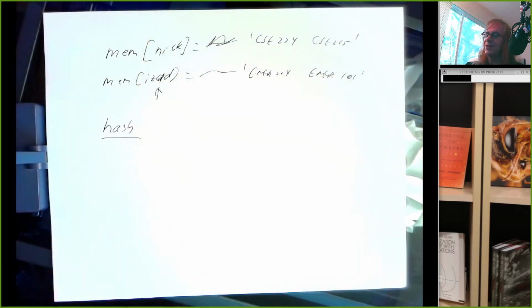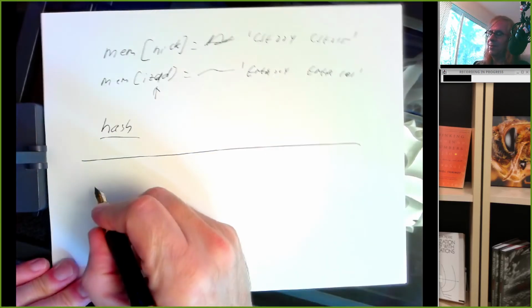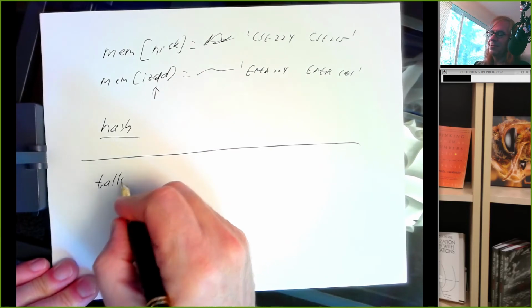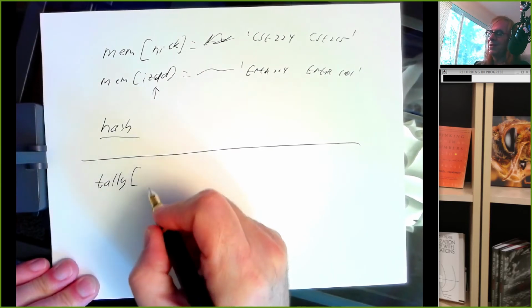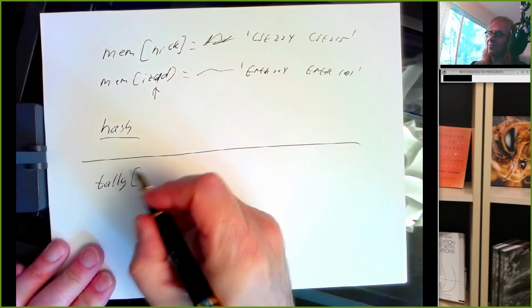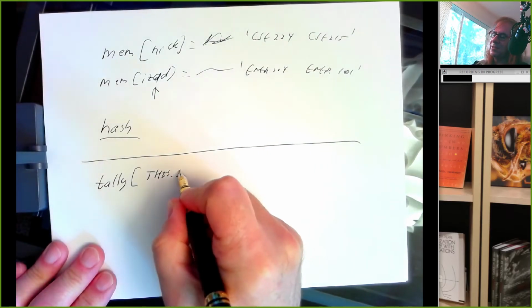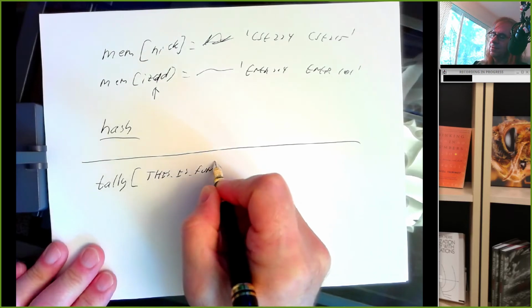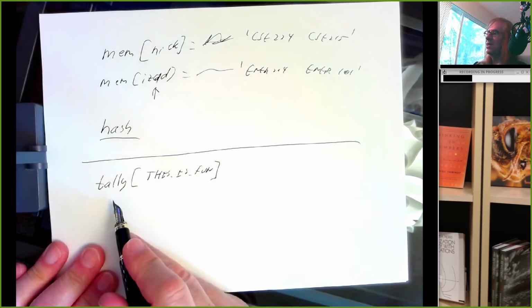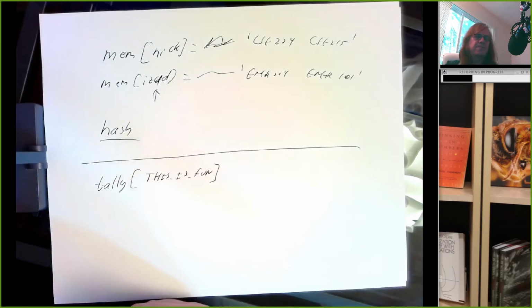And so we're going to take advantage of this in PA5 by making an associative array. We can think of it as being called tally. And our indices are going to be the phrases that we find. So when we find a phrase from part 1 of PA5, which says, "This is fun," we're going to use that as an index into this tally array and see how many times we've seen this phrase.